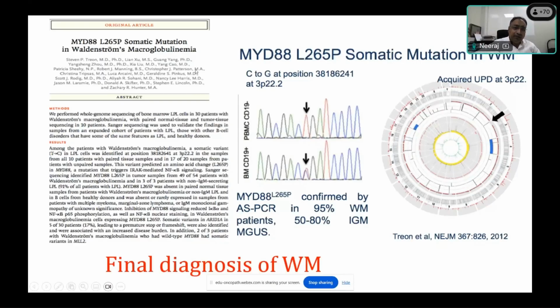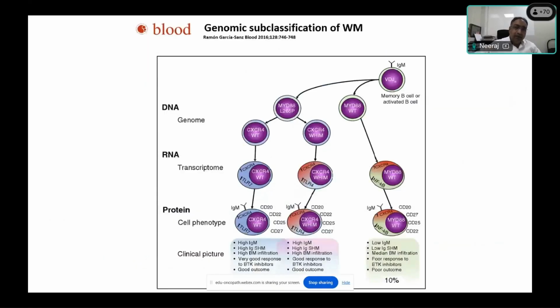So when you are dealing with paraproteinemia, IgM subtype, and you have a marrow infiltrate which is a variegated CD20, CD138, and you have an MYD88 mutation, you know that the final diagnosis is Waldenström macroglobulinemia. Within this Waldenström, other mutations have now been defined, which is the CXCR4.